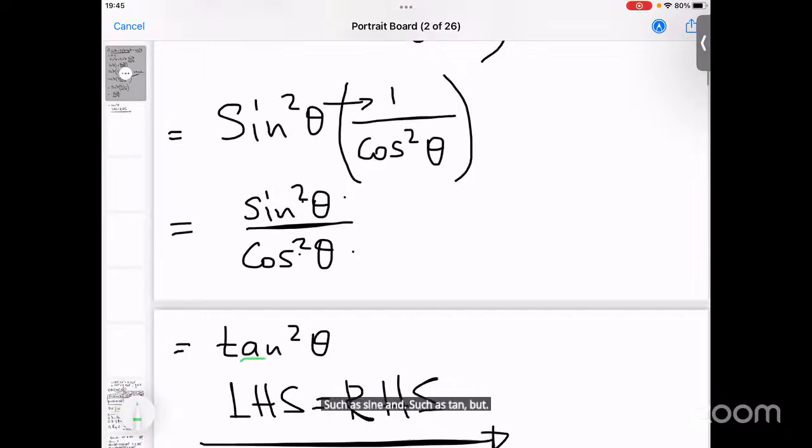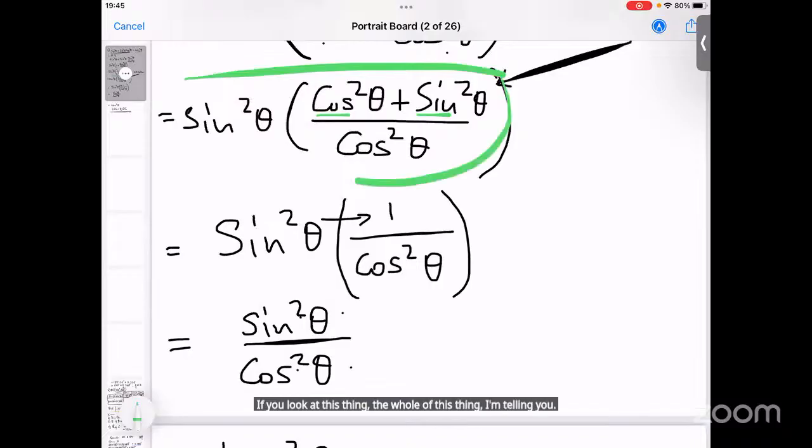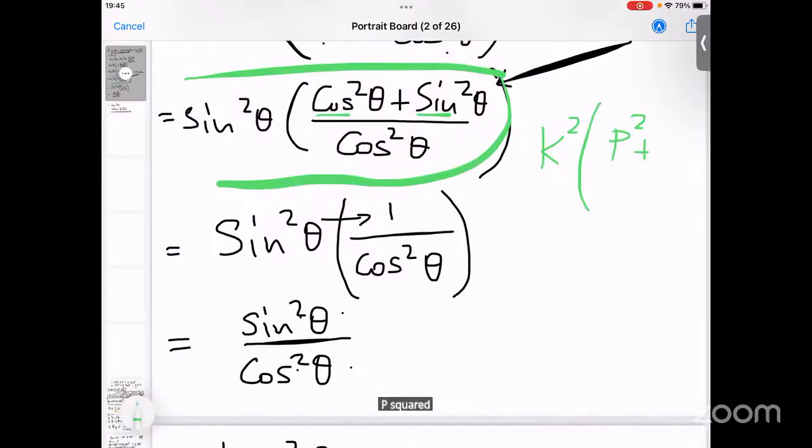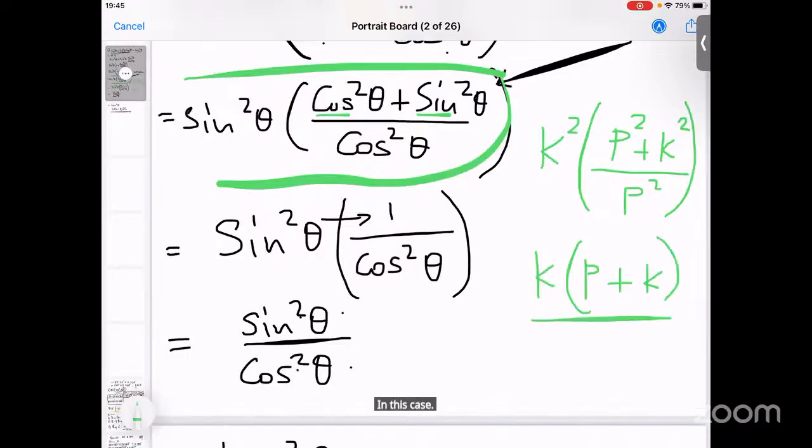But if you look at the whole of this thing, it is the same as having k squared there, where inside you just have p squared being added to k squared, then k squared being divided by p squared. Otherwise, if we remove the squares, it ends up becoming this. That's all you are having, but in this case it's now in the form of cos, sine, and tan. You just need to know what that is.